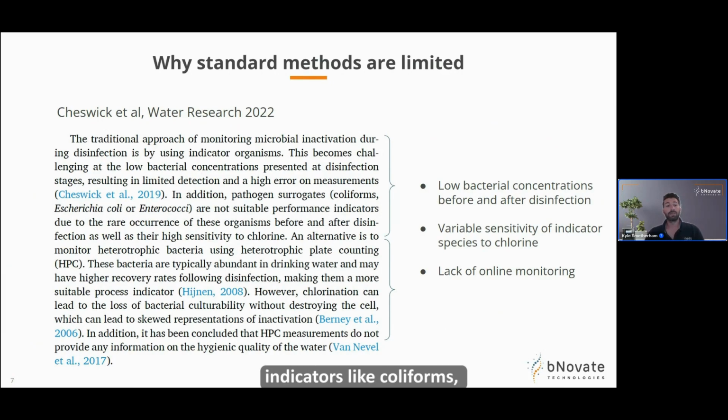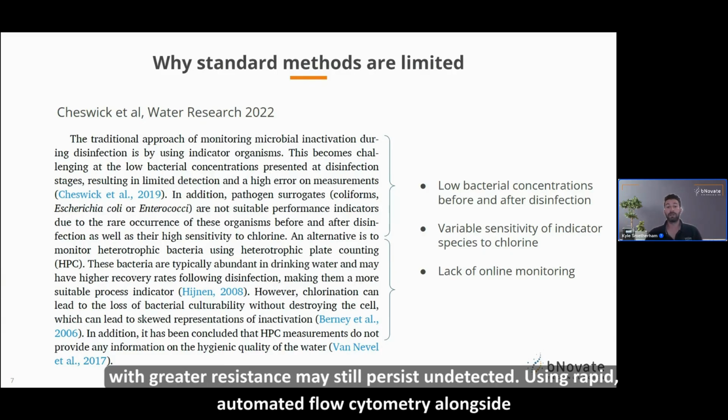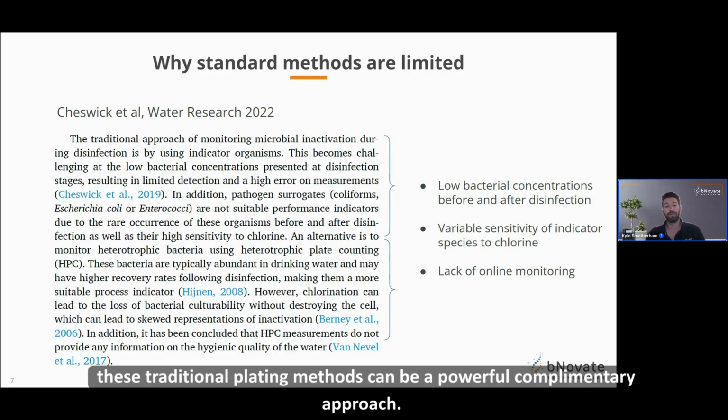To add, indicators like coliforms, E. coli, and enterococci are highly sensitive to chlorine, but other microorganisms with greater resistance may still persist undetected. So using rapid automated flow cytometry alongside these traditional plating methods can be a powerful complementary approach. So this will help operators proactively manage the chlorination process.